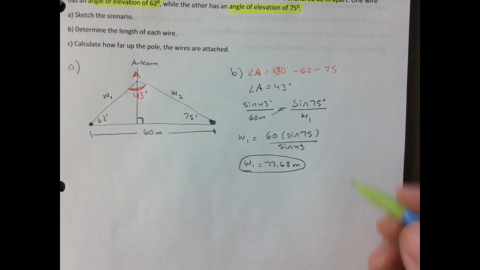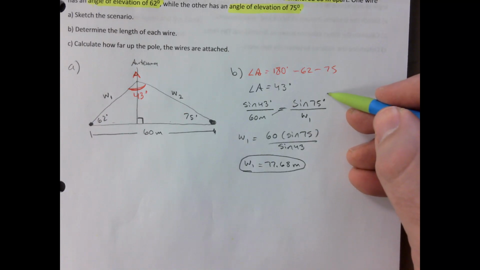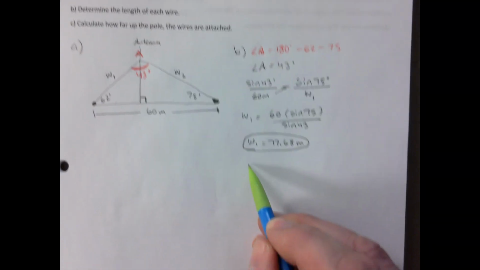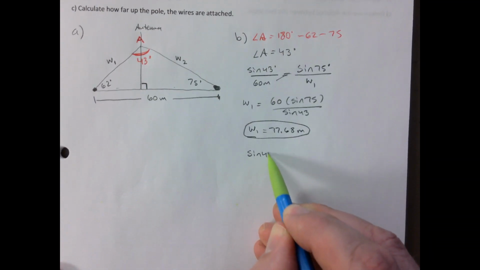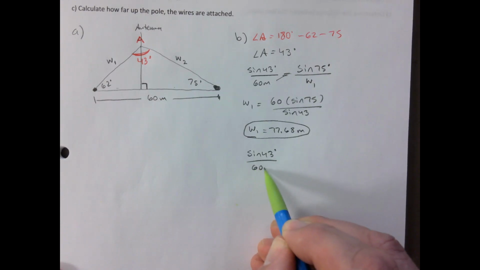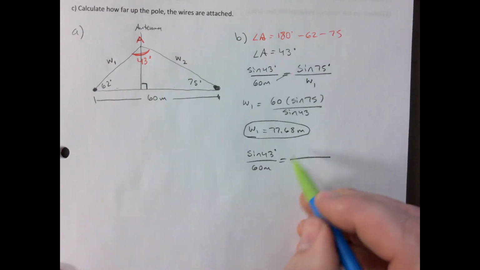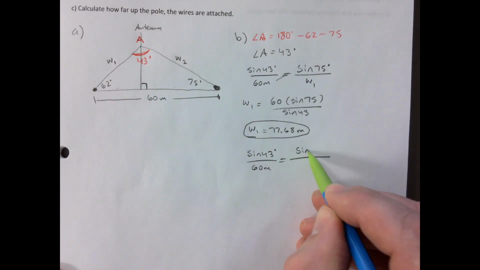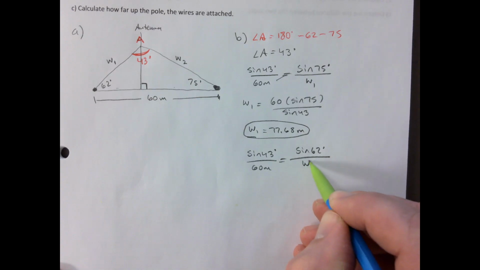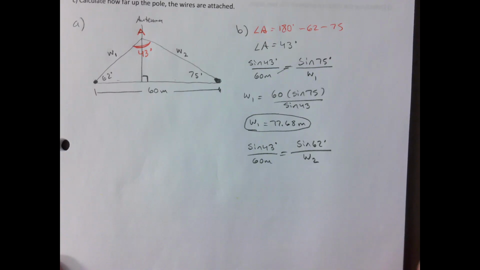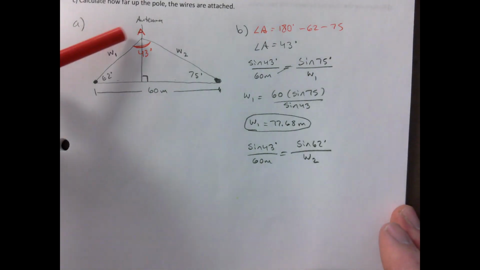It's going to be a little tight, but I'm going to try to fit. We have lots of room, so we'll just do the next one here. I'm going to use the same pair I already have, but now I'm going to use 62 to find W2, right? So sine of 62. So we're trying to solve for a side length. Could you use SAS, right?